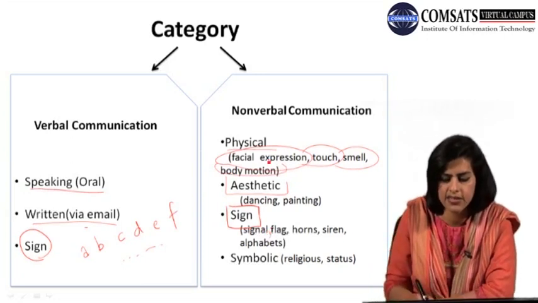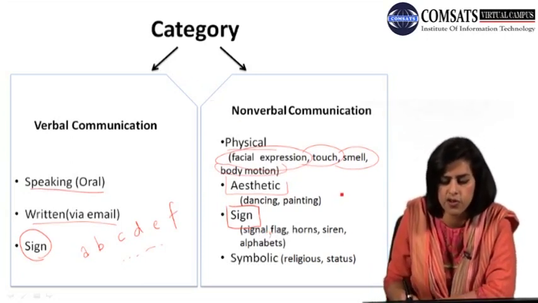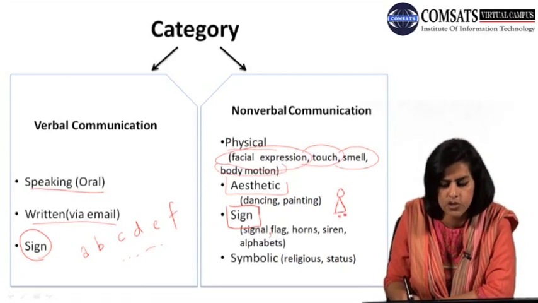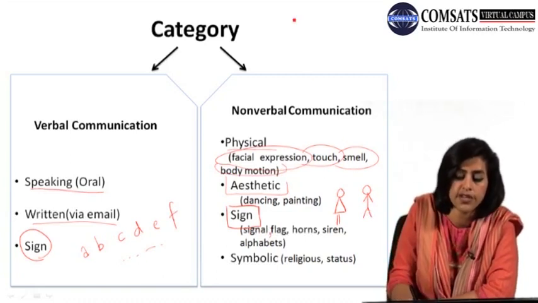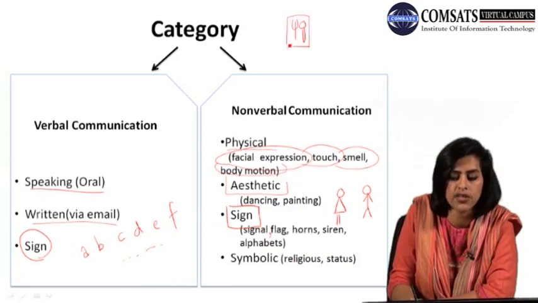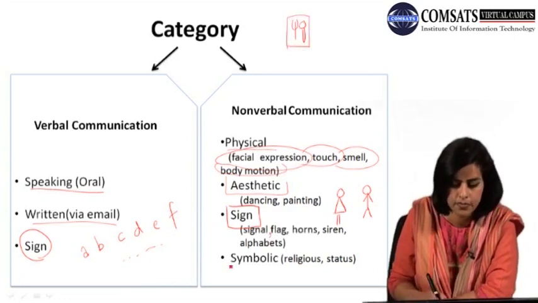And then there are other signs, like you must have seen outside the washroom a lady, so it indicates that this is a female washroom, and then a male, it indicates that it's a male washroom. You would have seen forks and spoons outside restaurants to indicate that this is a restaurant.